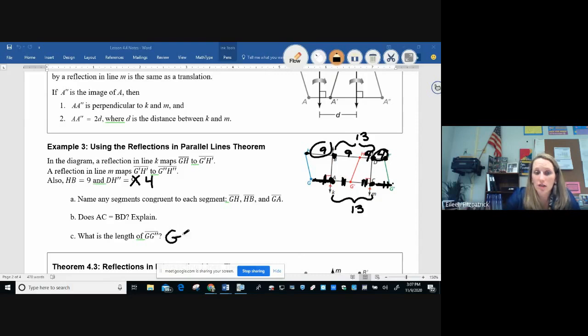So the length of G double prime is going to equal 2 times 13, which is 26. All right.